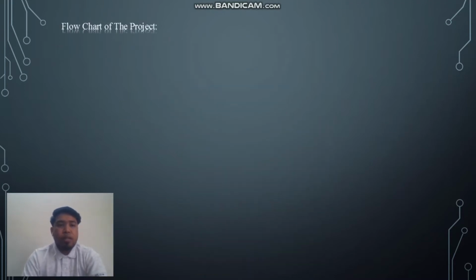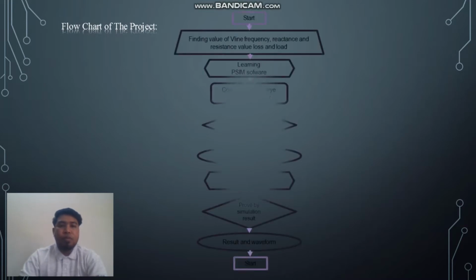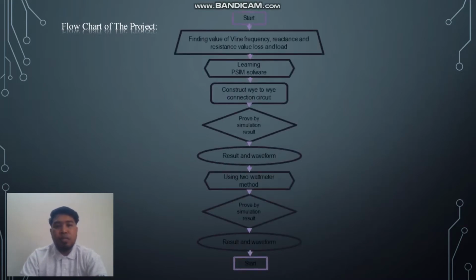Okay, next is the flow chart of the project. It starts with the start, and then goes to finding the value of line voltage, frequency, the reactance, the resistance value, loss, and the load.